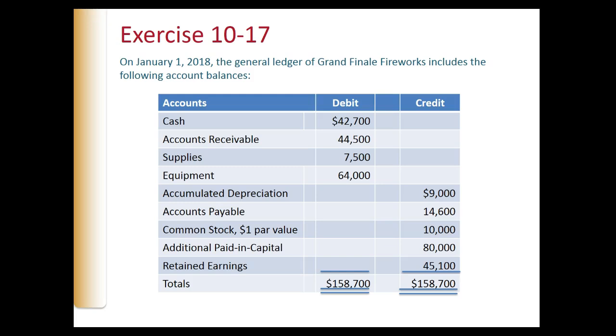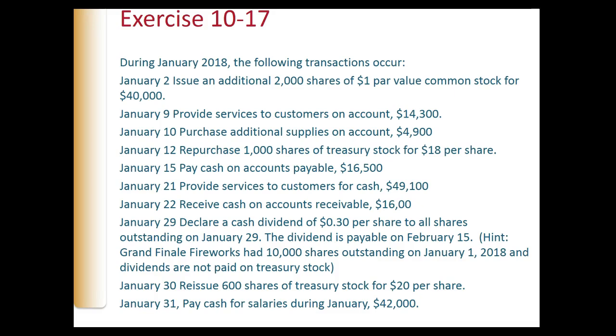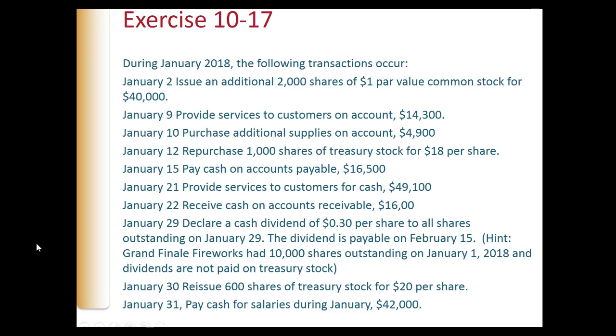So here we see a trial balance of the accounts for Grand Finale. Then we see a list of transactions that we will need to record. So you'll see here in January, issue an additional 2,000 shares of $1 par value common stock for $40,000.